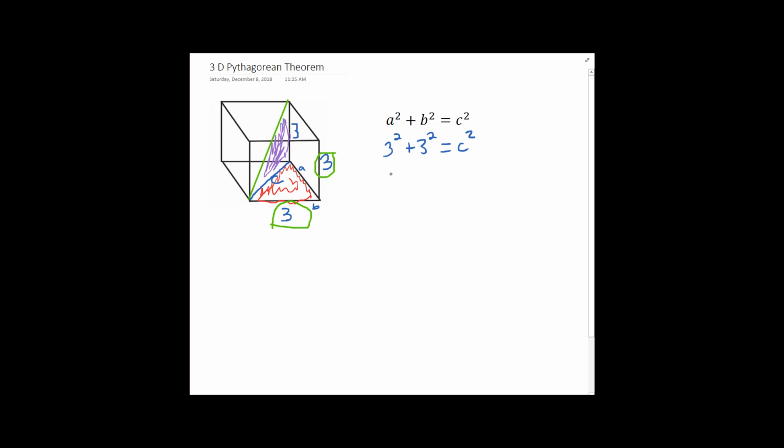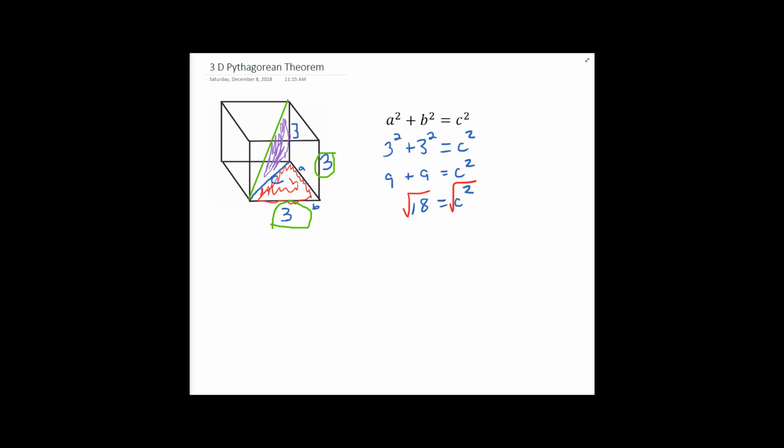So 3 squared is 9, plus 3 squared, which is 9, equals c squared. So now we have 18 equals c squared. Now to finish this off, we have to take the square root of c squared and the square root of 18. And let me punch that in real quick. The square root of 18 will be 4.24 is what we'll call that.